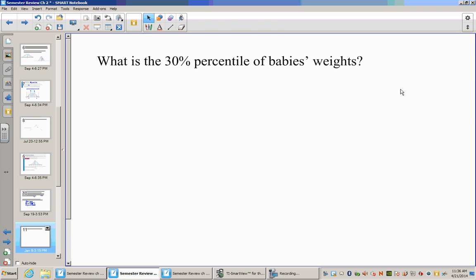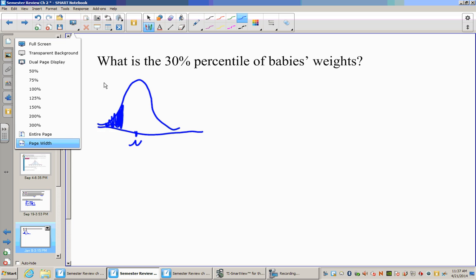Now, what is the 30th percentile for those babies? If I draw out my normal distribution, where here's my mean, the 30th percentile makes up about that much of the data.